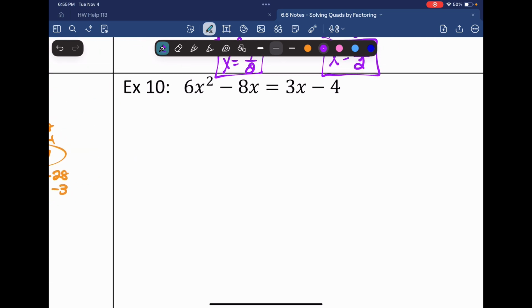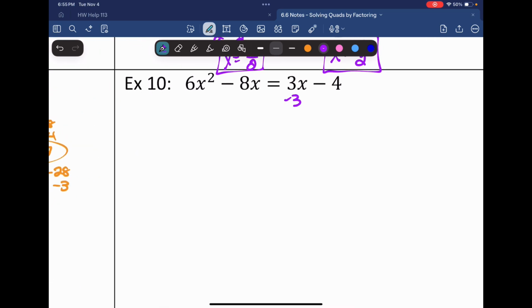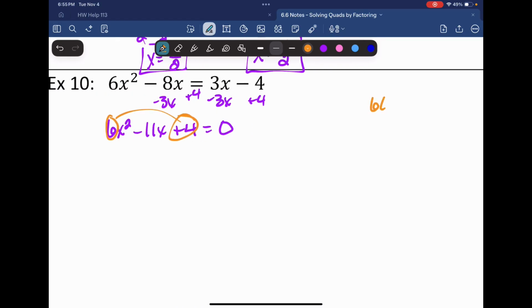Okay, last one. Subtract your 3x, add your 4. So 6x squared minus 11x plus 4. No GCF. Multiply 6 by 4. Factor pairs.